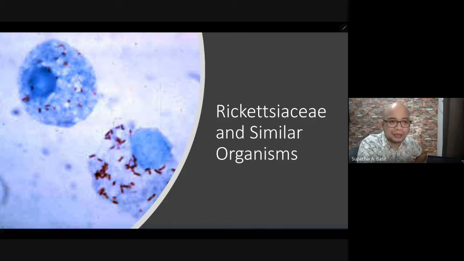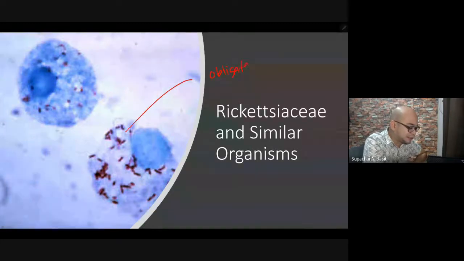So for this particular meeting, we will actually expound on a very special type of bacteria. I say special because this is not an ordinary bacteria; it is classified as a special obligate intracellular parasite.